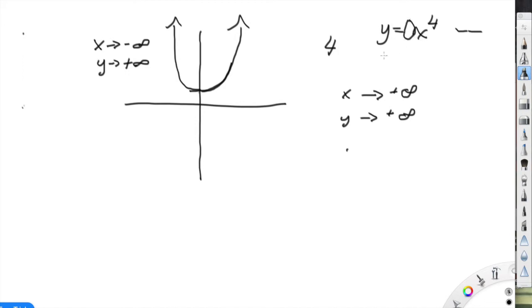This is if the leading coefficient is positive. Now, if it's negative, what happens?